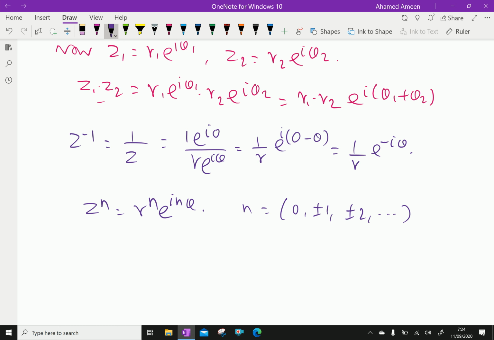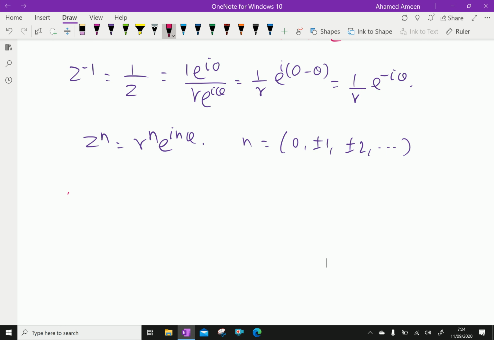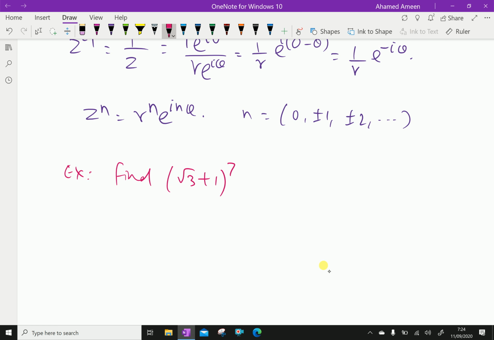Now, for example, find the value of root 3 plus i power 7. Here root 3 plus i is a complex number, raised to power 7.